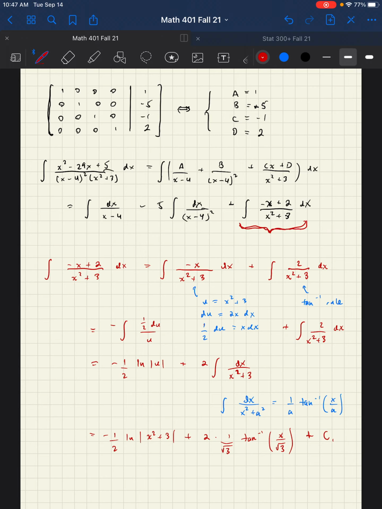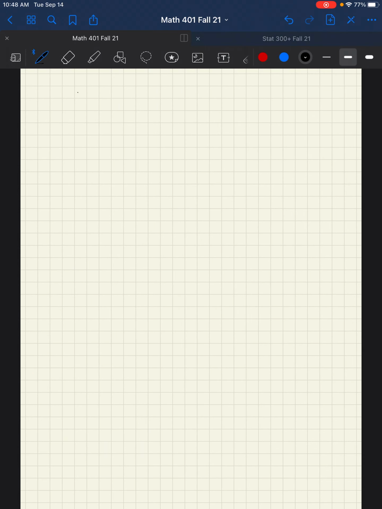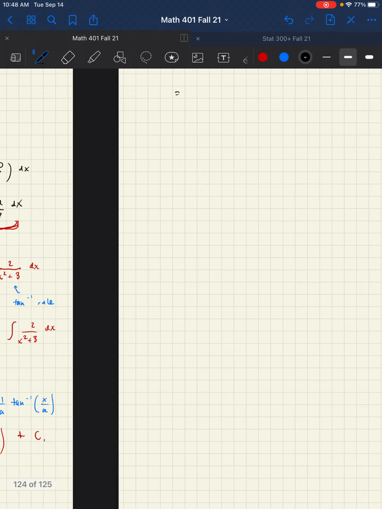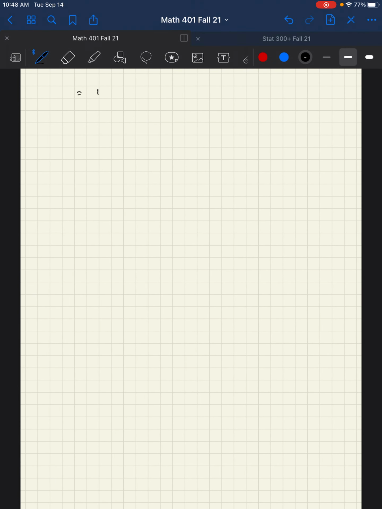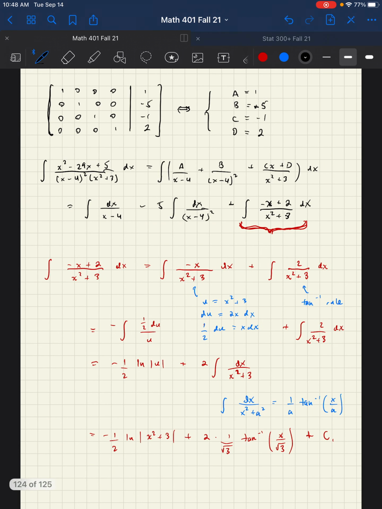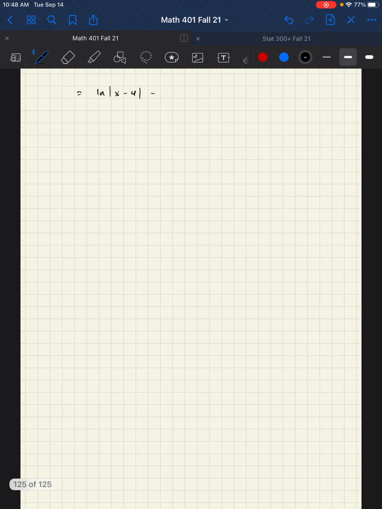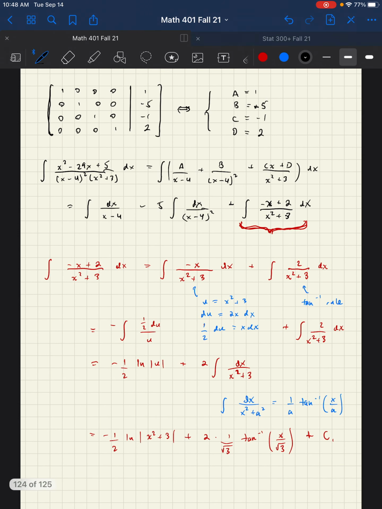All right, all of this work that we did was just for this segment. Remember that we still actually had to solve the rest of it. So back to your regularly scheduled programming. The first one is a simple natural logarithm. So the integral is ln absolute value of x minus 4 plus, or minus 5, but there's going to be another negative, plus 5 times 1 over x minus 4.